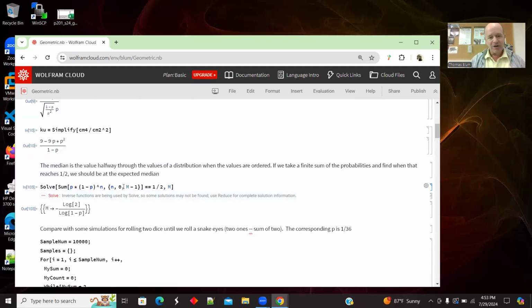So M minus 1 is the number of failures before the success. So if I'm summing this up to M and setting that equal to 1/2, that is the value at which half the probabilities are done and there still have to go.